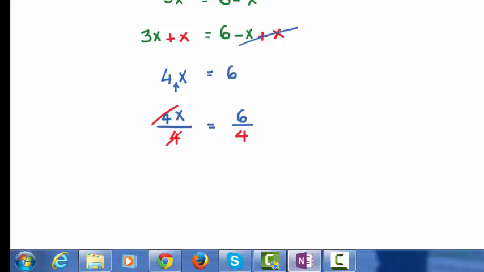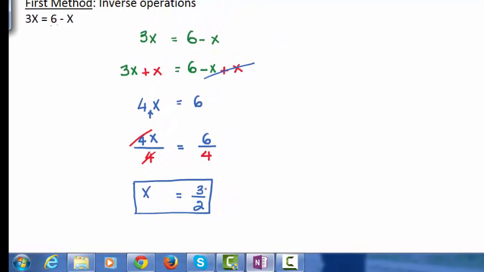And this is going to lead to x only, and this was my goal, to isolate x. 6 divided by 4, I can divide each one by 2, it's going to be 3 over 2. As soon as I reach x equals 3 over 2, I solved the problem.